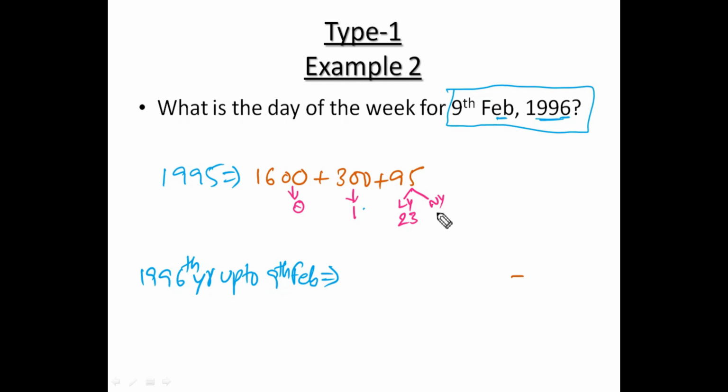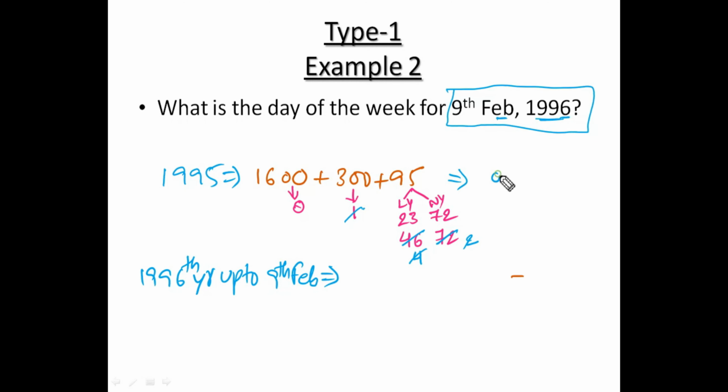The remaining 72 are normal years. 1 leap year consists of 2 odd days, so 23 leap years consist of 46 odd days. 1 normal year consists of 1 odd day, so 72 normal years consist of 72 odd days. Now cancel 7 multiples. 72 gives 2 odd days. 46, where 42 is divisible, gives 4 odd days. 4 plus 2 is 6, plus 1, total 7. So there are no odd days in 1995 years.